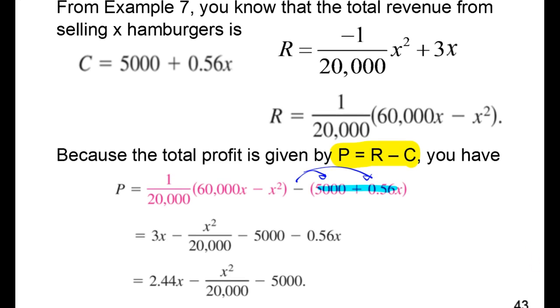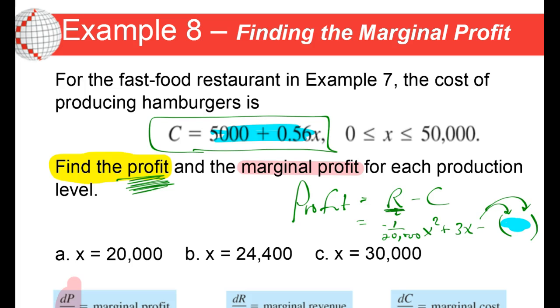So combining like terms, distributing, again, they use a little bit different form for the revenue. I had it simplified, but either way, we're going to get down to 2.44x minus x squared, and we're going to evaluate that at 20,000, 24,400, and 30,000.